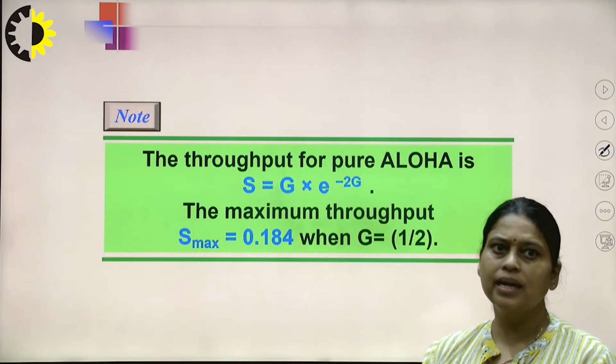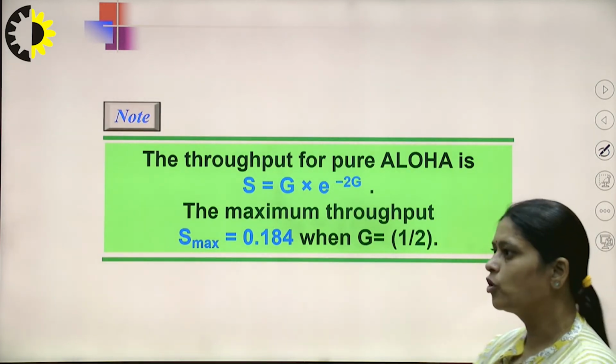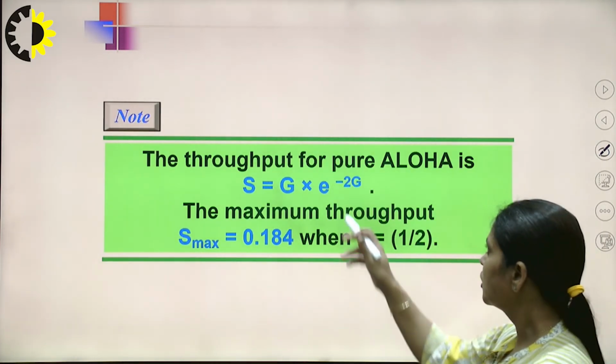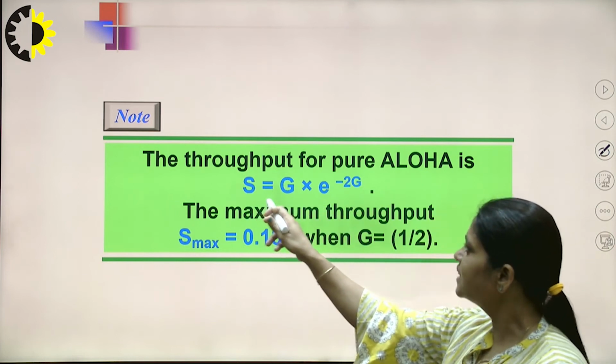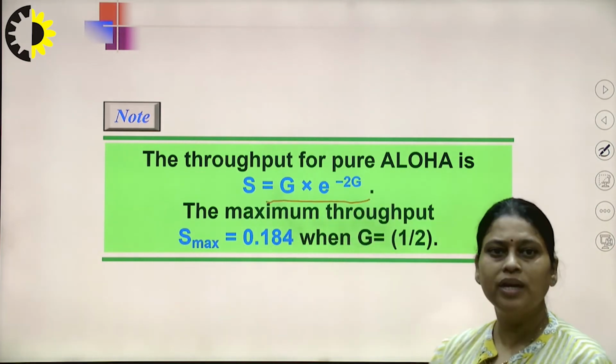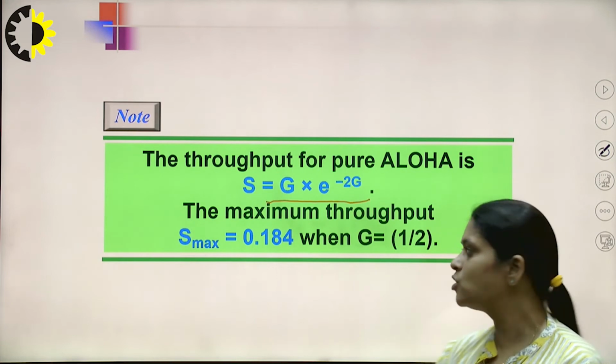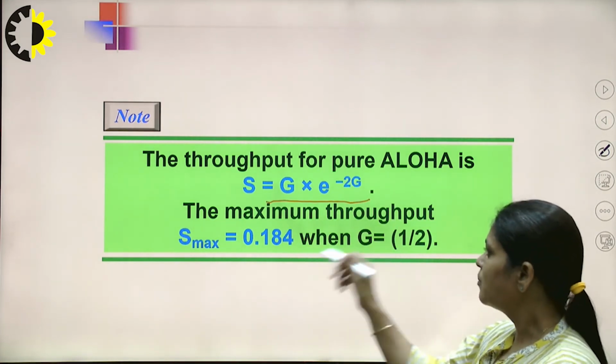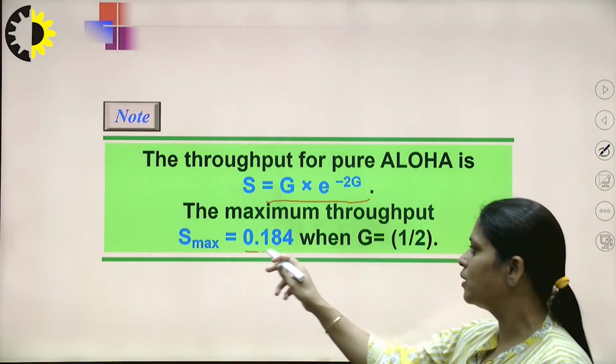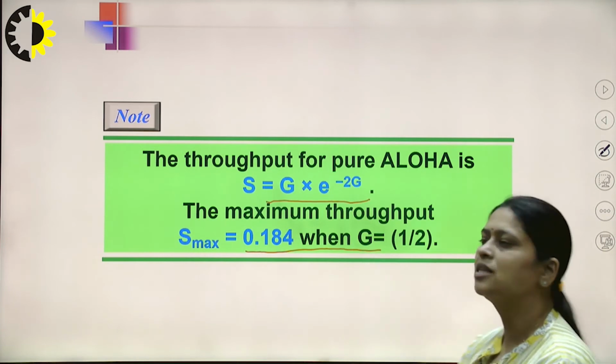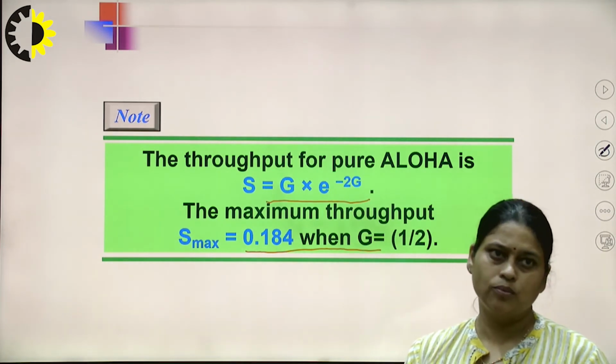So, we can easily calculate the throughput of the pure Aloha. The throughput for the pure Aloha is S is equal to G times e to the power minus 2G. The maximum throughput is equal to 0.184 when G is equal to 1 by 2.